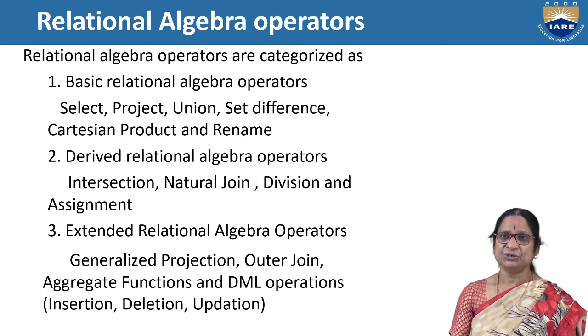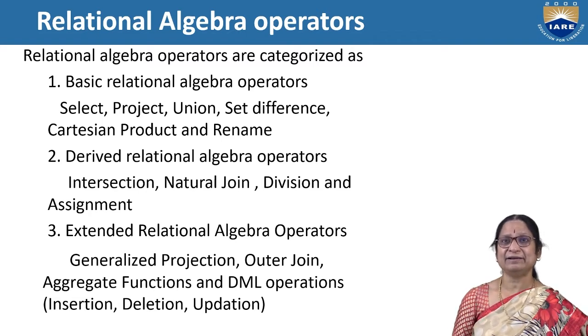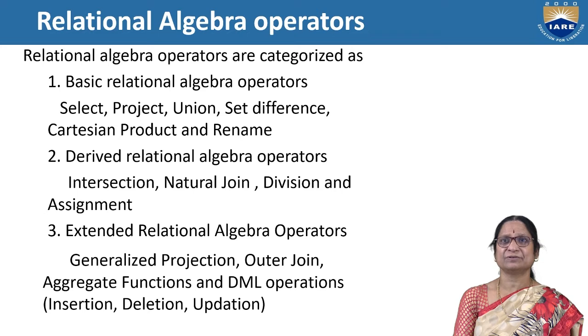Select, project, union, set difference, Cartesian product, and rename. These six are basic relational operators because they are defined independently. Such operators are basic relational algebraic operations. And the derived relational algebra operators are intersection, natural join, division, and assignment.